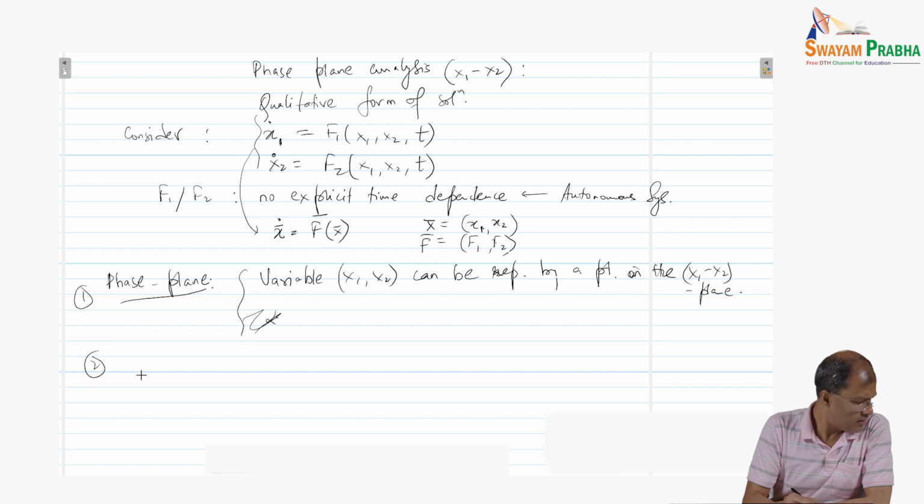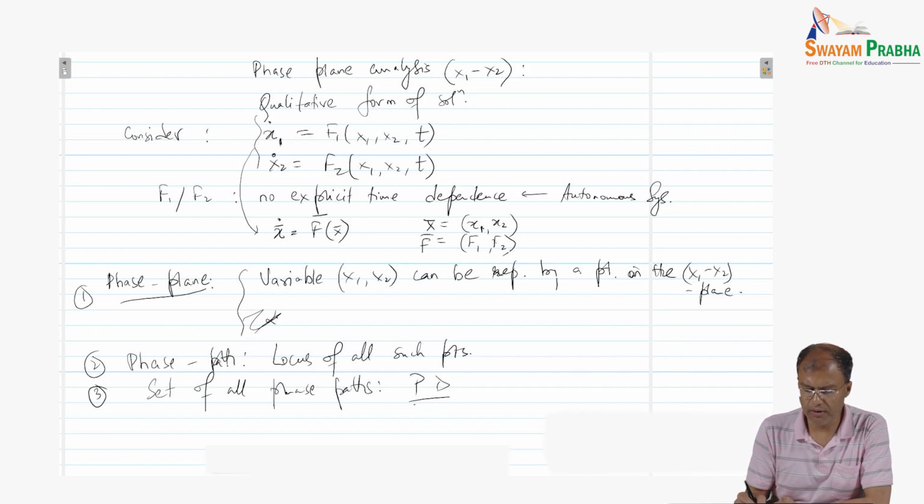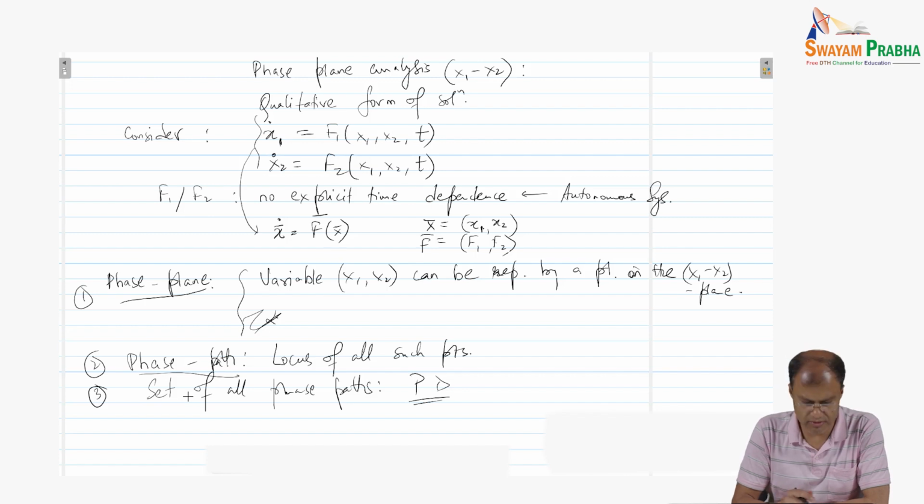And the locus of all such points is the phase path, and the set of all phase paths is the phase diagram. Sometimes we refer to phase paths as phase trajectories.